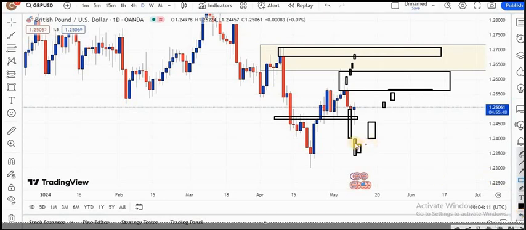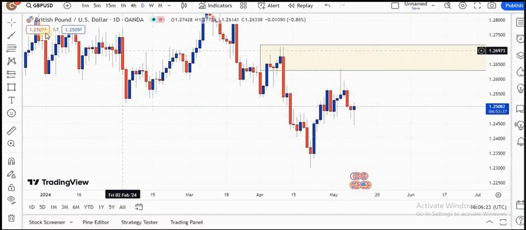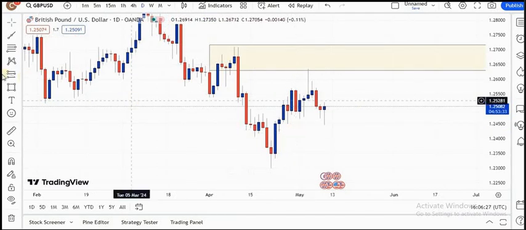But today this structure is yet to form, but it has formed another thing that confirmed that daily has changed its direction from being a bull market to a bearish market. So let's see what happened on daily time frame. So this is what happened.